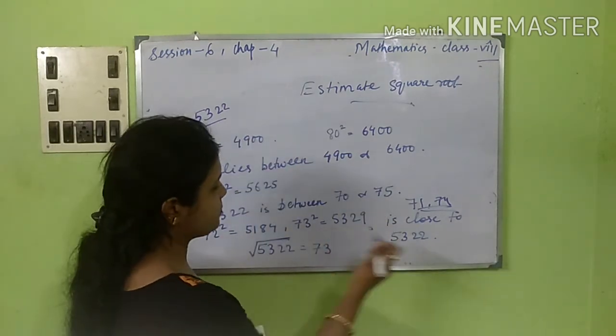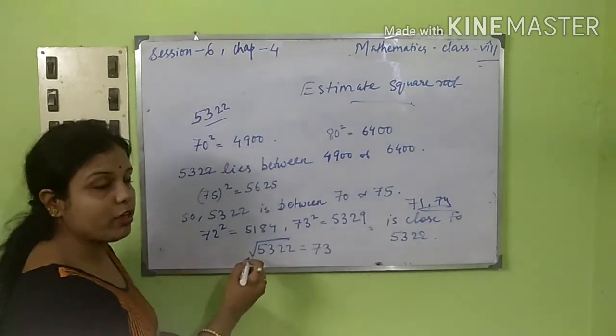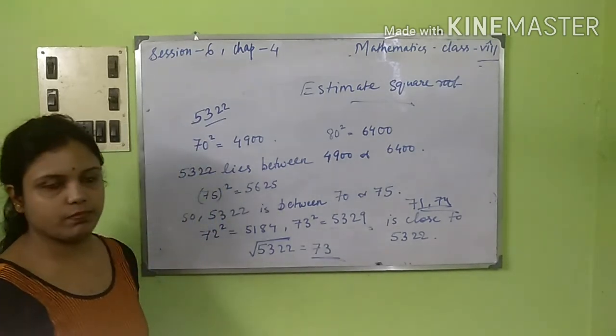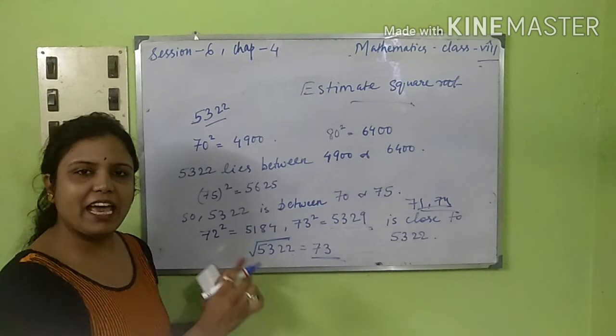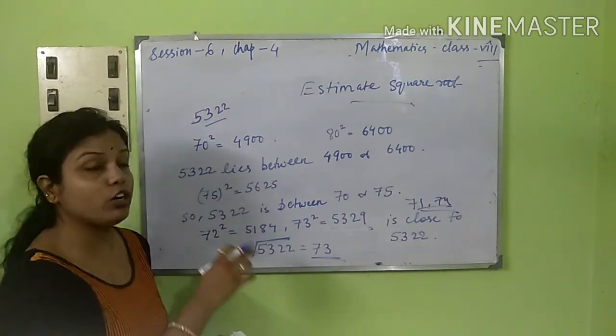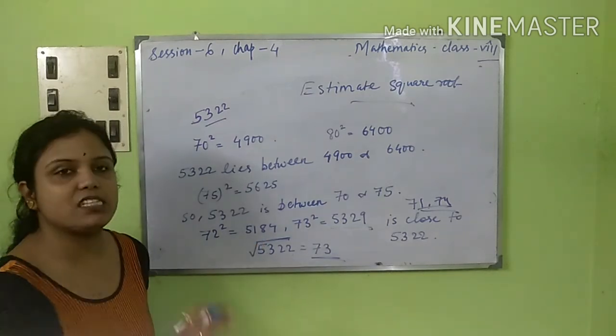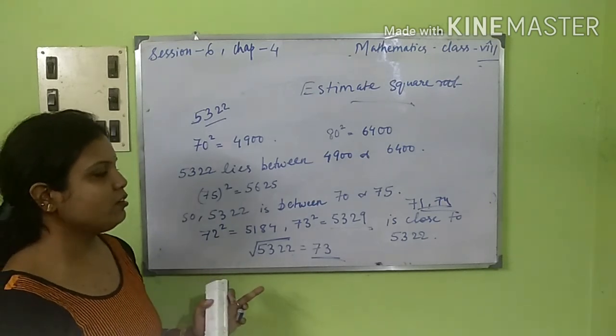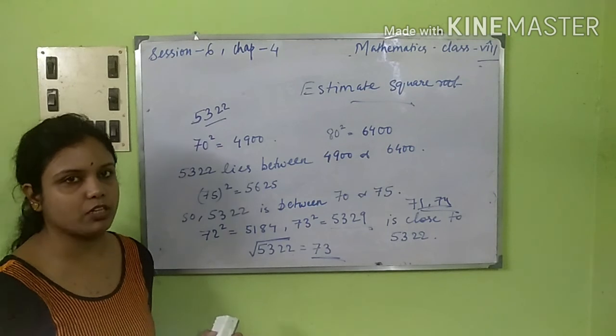So the square root of 5322 is estimated as 73. This is how the near about estimation is done. It's not exact, but it's an estimate. This is how we find the square root using estimation.